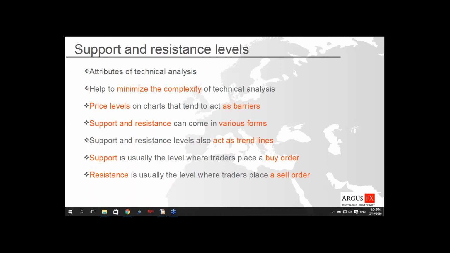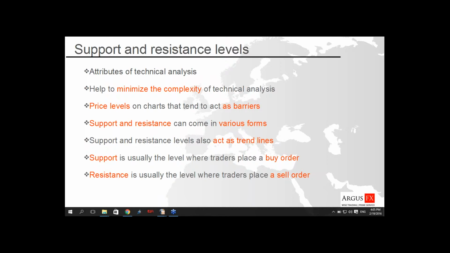As traders, we need to be able to identify major support and major resistance levels. They help a trader minimize the complexity of technical analysis, because there are so many ways of doing technical analysis and such complexity, but with support and resistance levels, this complexity is minimized.